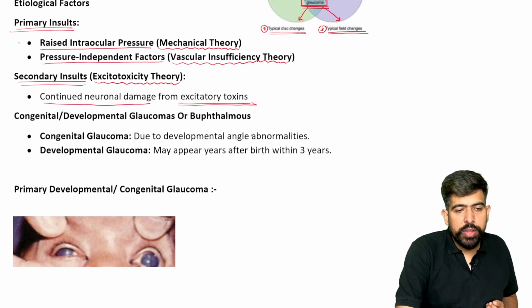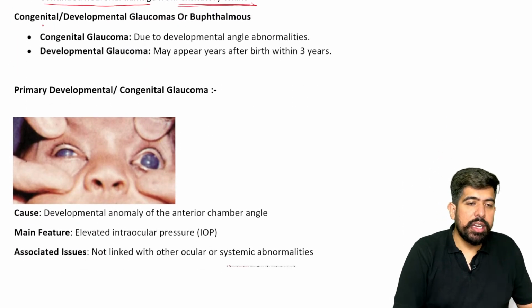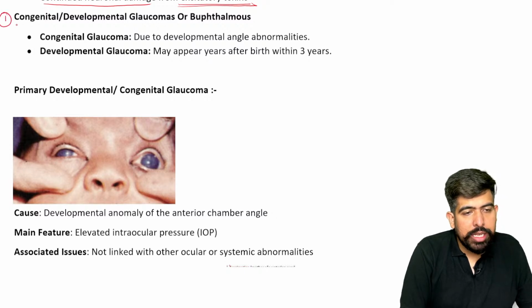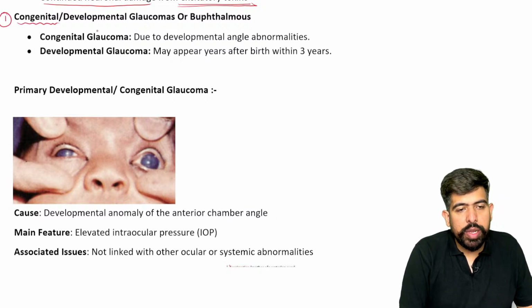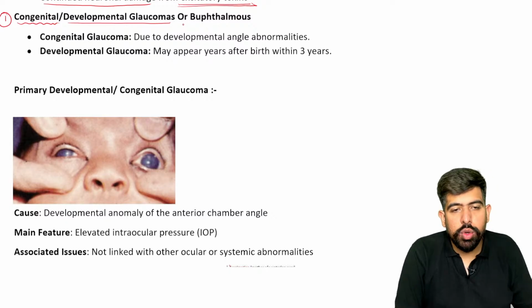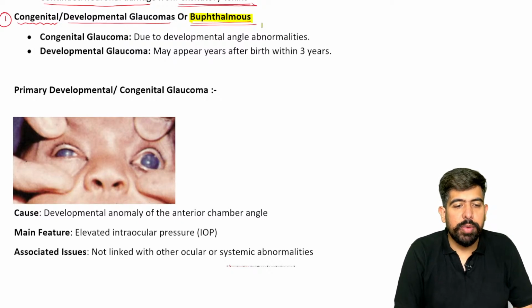Starting with the first type, we are talking about congenital glaucoma, which we can also call developmental glaucoma, also known as buphthalmos. We'll talk about why it is known as buphthalmos.